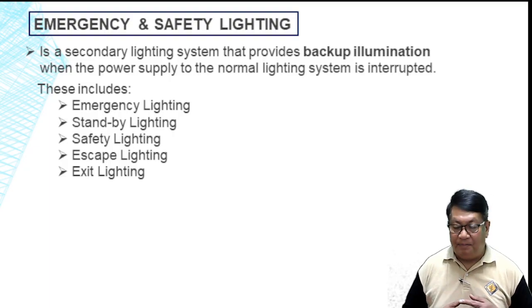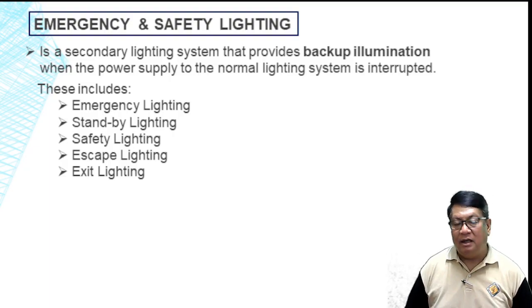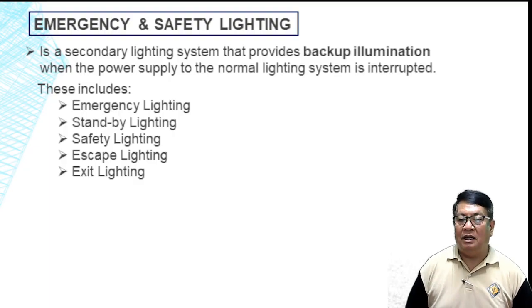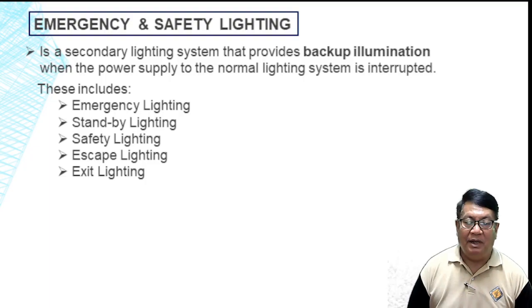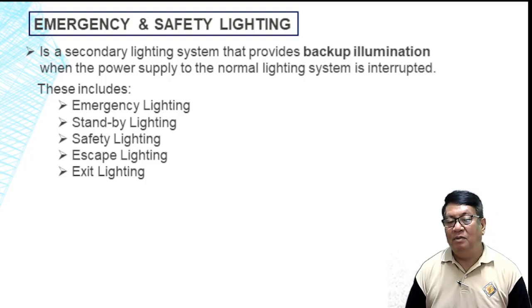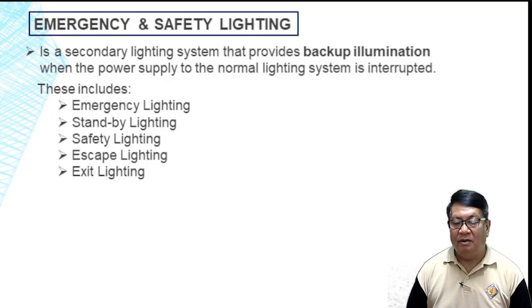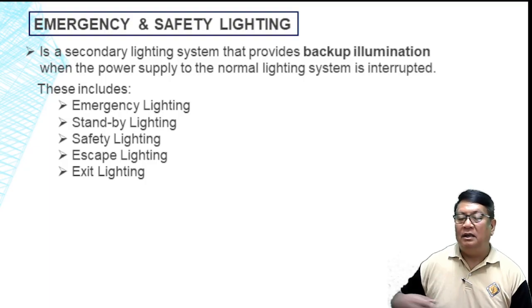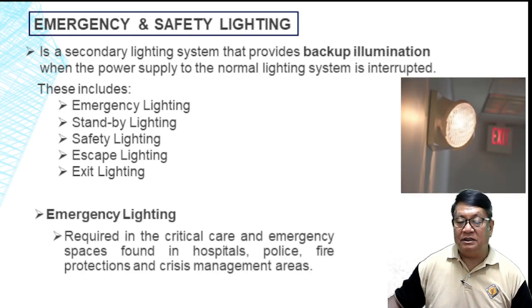Okay, so if, for example, the utility turned off, or we have the blackout or brownout, then this emergency and safety lighting system will come in, so that we will still be able to follow the directions, okay, on exit, the directed exit signs, no? Okay, so this includes emergency lighting, standby lighting, safety lighting, escape lighting, and exit lighting. So that is emergency and safety lighting system.